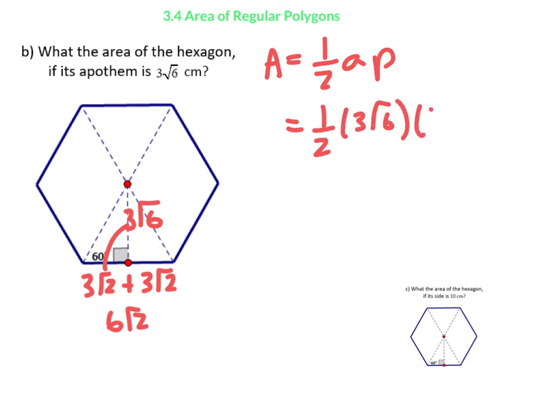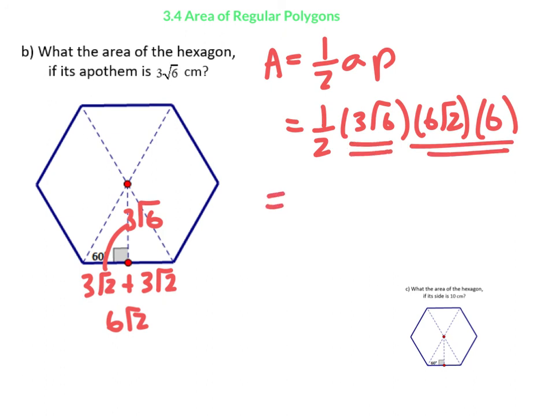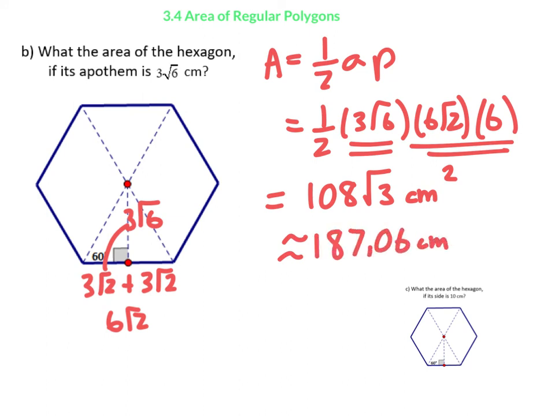One of my sides is 6 root 2. But there are 6 of those, right? This is my perimeter. This is my apothem. All that turns out to be 108 root 3 centimeters squared. And that simplifies down to 187.06 centimeters squared, or approximately that value.